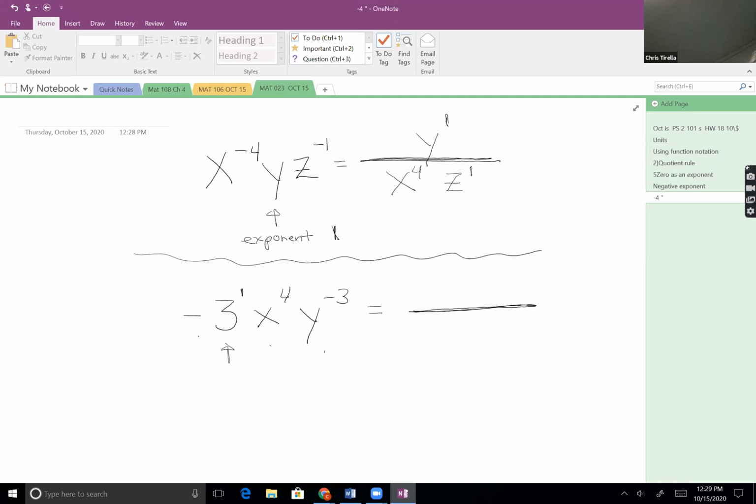And so that number negative 3 goes in the numerator. The x has a positive exponent, so it will go in the numerator also. But the y has a negative exponent, and so the negative exponent tells me I'm going to move that to the denominator. And when I make that move, that exponent becomes positive.